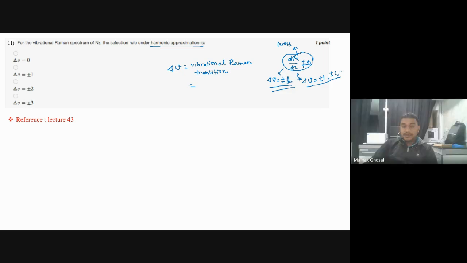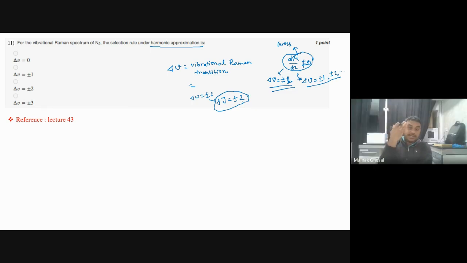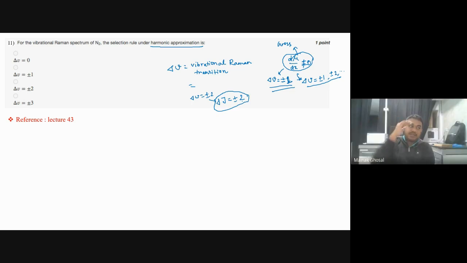And what you are talking about, delta V equals plus minus 2, for Raman this is not delta V, this is delta J. Don't confuse them. Delta J is just for the rotational line. Whenever you find a quantum number mentioned as J, it is for the rotational line. V stands for the vibrational line. So delta J is plus minus 2, which means rotational transitions of plus minus 2 are possible.